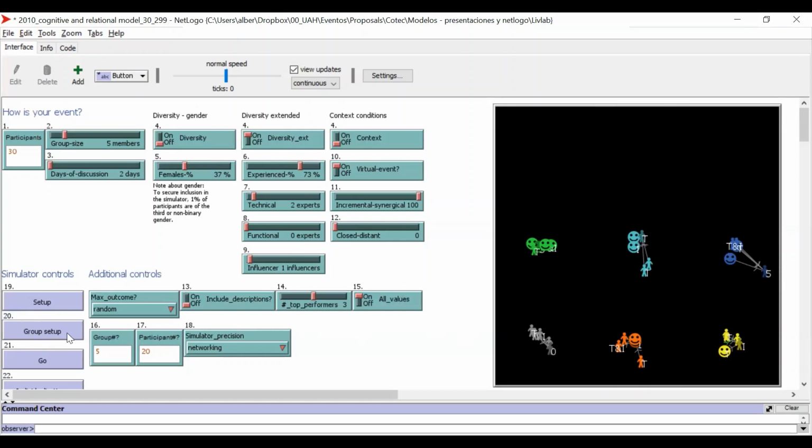And in here we can see that there are some participants that are carrying labels. Any participant with a T, like this one or this one, although they're overlapping with this one, means that he's a technical expert.